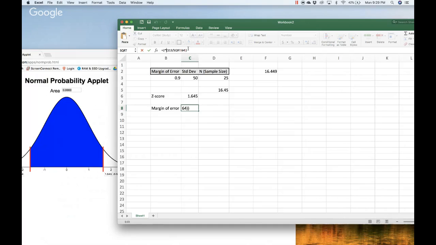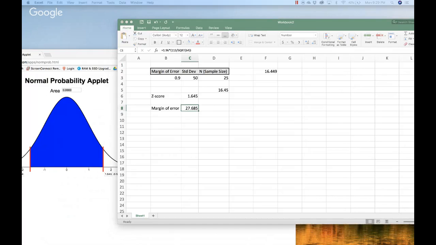Is that the 1.96 times 113 divided by the square root of 64? That's where I'm getting 1.96, because of the 95% thing, right? Yes. So 27.685 is what you got. Yeah, that's what I got. Okay, now we're on the same page.